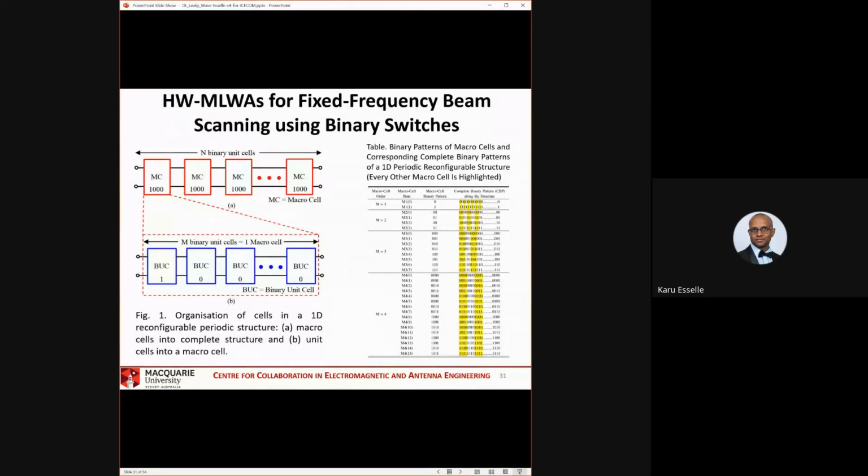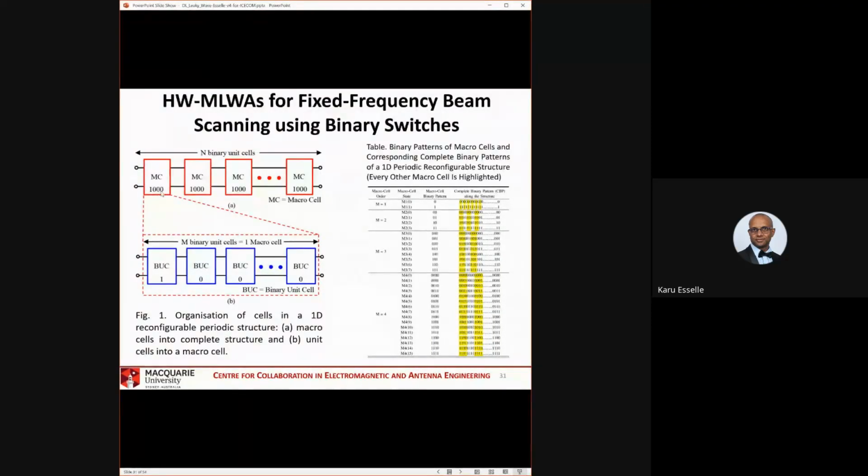So what we did, in order to systematically analyze in a simpler way, we combined several binary unit cells to make one macro cell. Suppose you combine 4 binary unit cells to make one macro cell, represented by this red box.